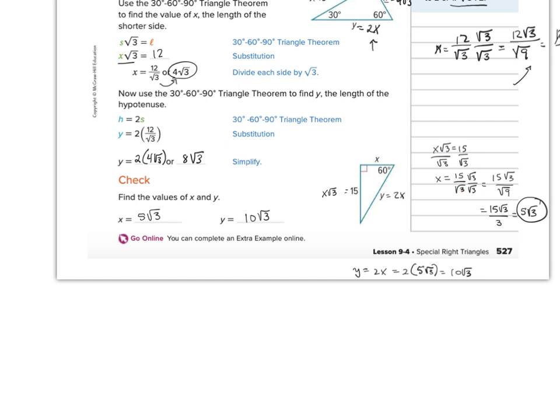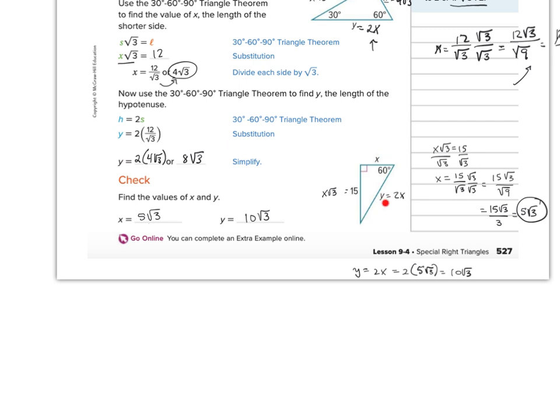To rationalize the denominator, I multiply both the numerator and the denominator by the square root of 3, so I get 15 square roots of 3 over square root of 9. Square root of 9 is actually 3. So 15 square root of 3 over 3 is going to be 5 square root of 3, because 15 divided by 3 is 5. So that turns out to be x. X is going to be 5 square roots of 3.